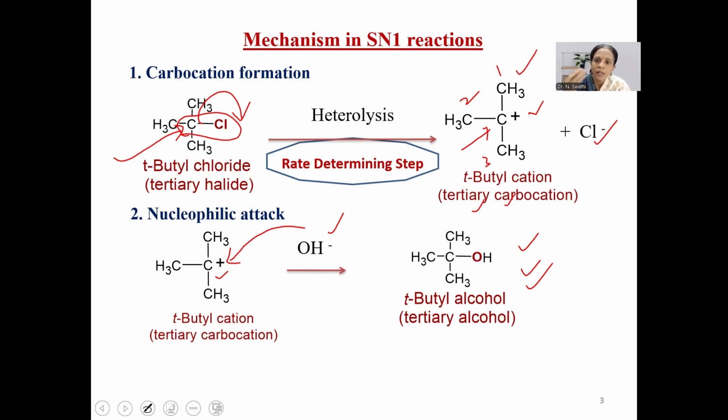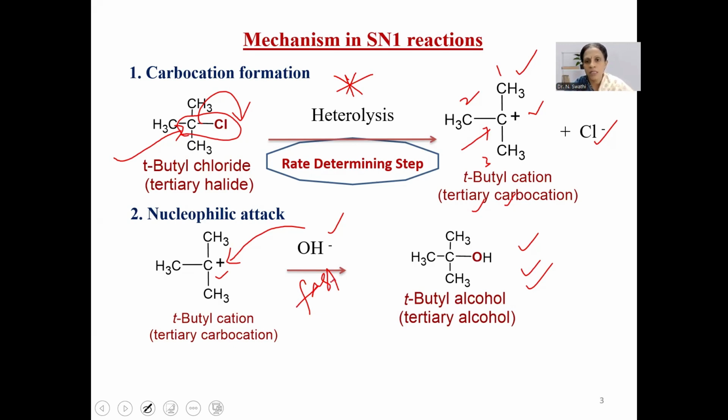Okay, so the entire rate of the reaction, it depends on how easily or fastly carbocation is going to form in a nucleophilic substitution reaction. That is why this particular step, the first step, is considered to be the rate determining step. So what happens once carbocation is generated, because it is a charged species, immediately it will be attracted by the nucleophile, and the second step is a fast process. Immediately it occurs as soon as the carbocation is formed.